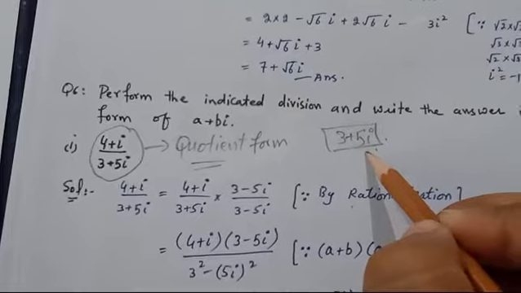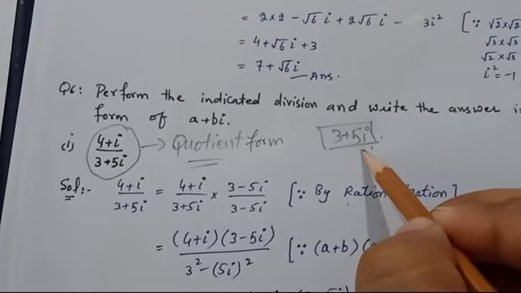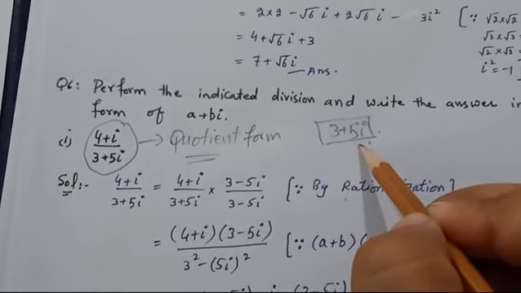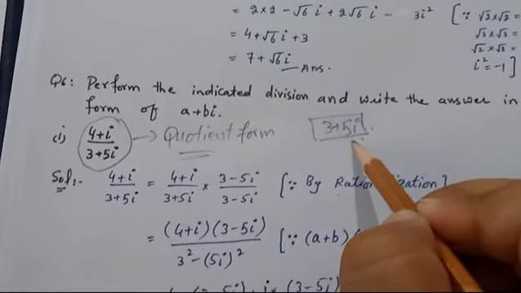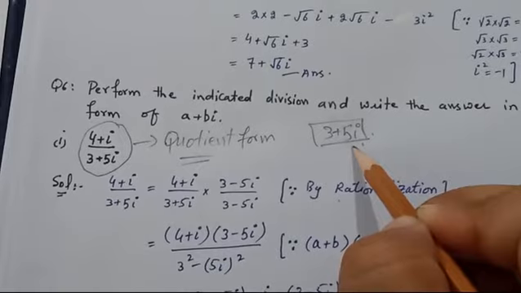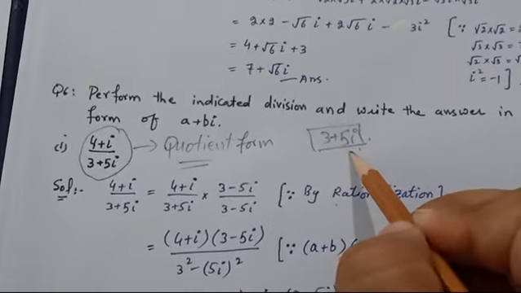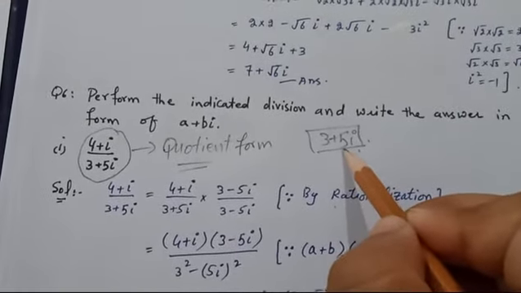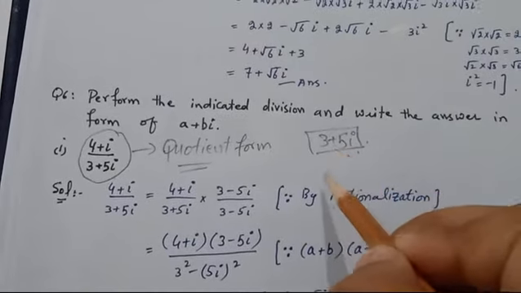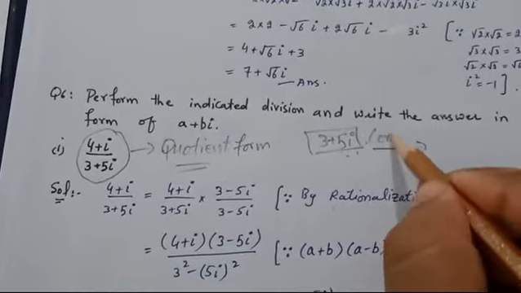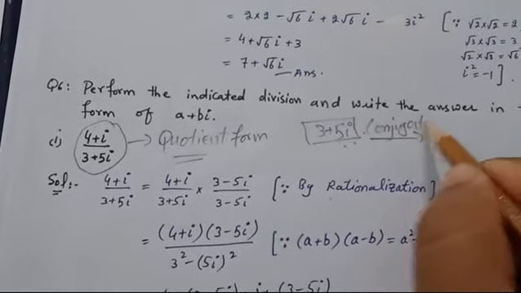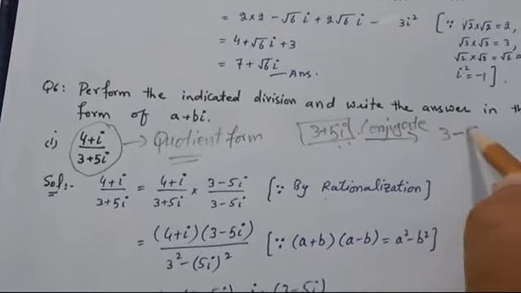From the definition of the conjugate, you know that when you take the conjugate of a complex number, you just change the sign of the imaginary part. Here the imaginary part is 5 iota and its sign is plus. So the conjugate of this complex number is 3 minus 5 iota.